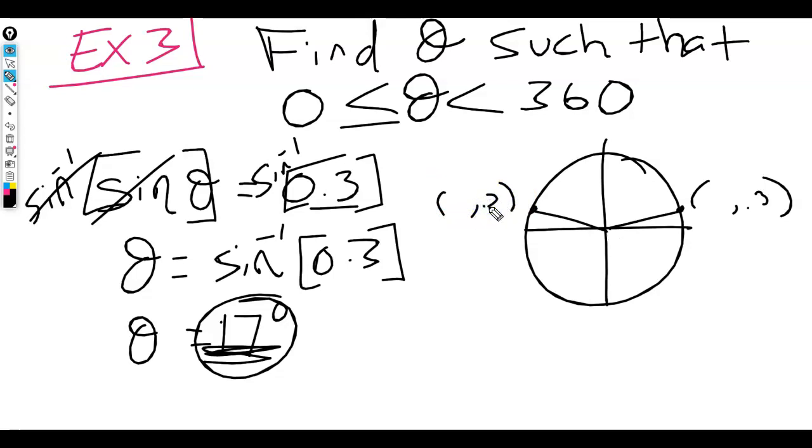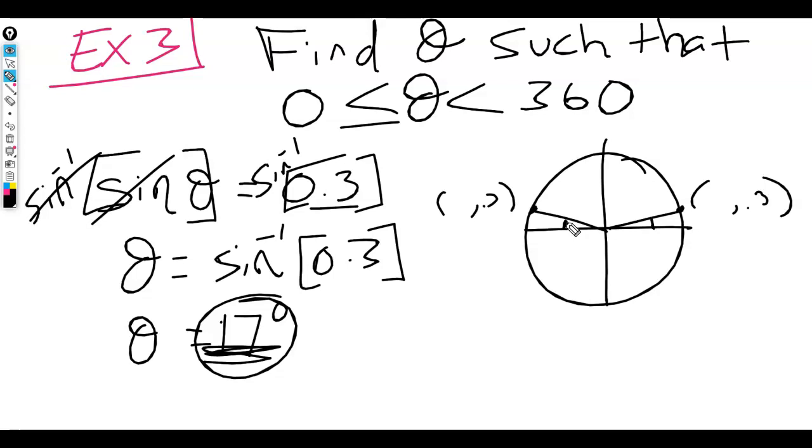And here's the tricky part with this. This angle right here is 17 degrees. So guess what? So is this one. That angle is also 17 degrees. So how are we going to figure out what angle it is over here, though?